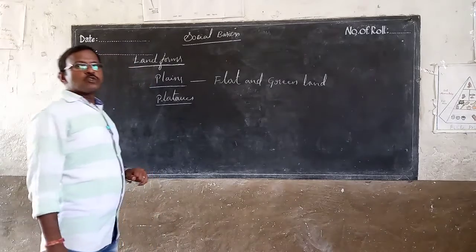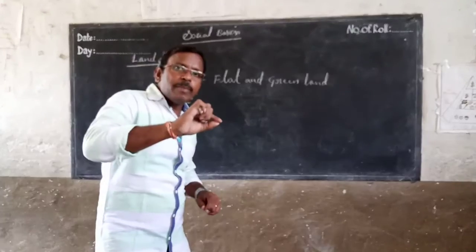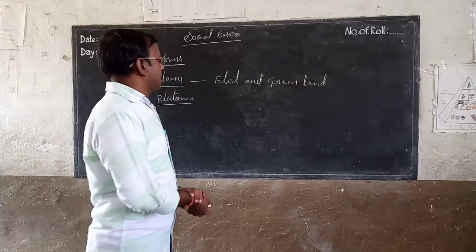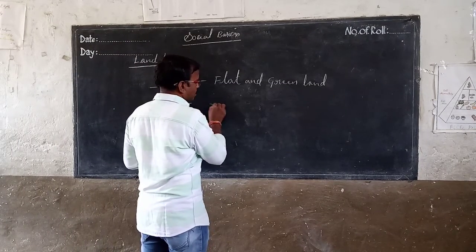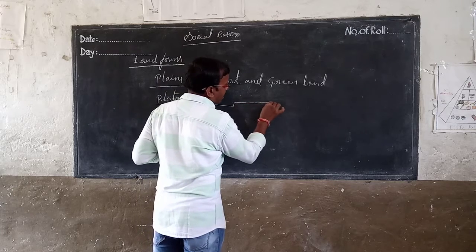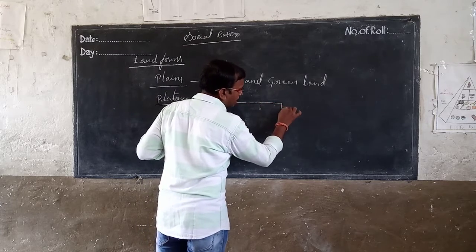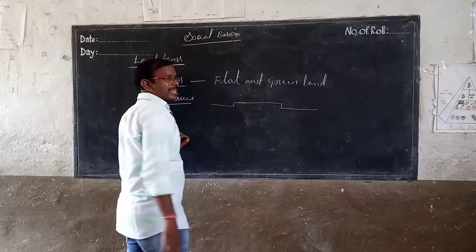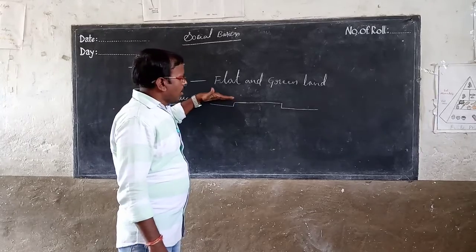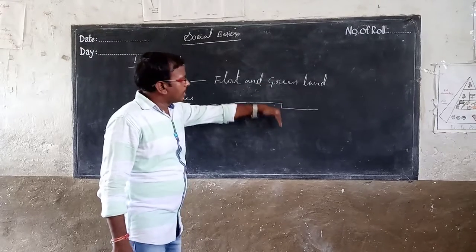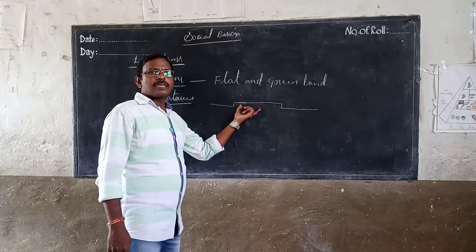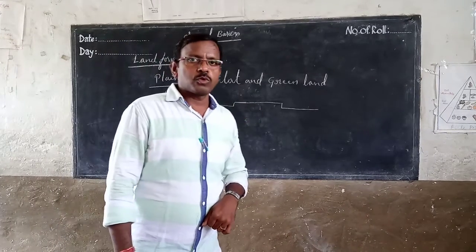Plateaus are a little bit higher than plains, and the height is flat like a table. These are called plateaus: a little bit higher than plains, with a flat surface again like plains. Such an area is known as a plateau.